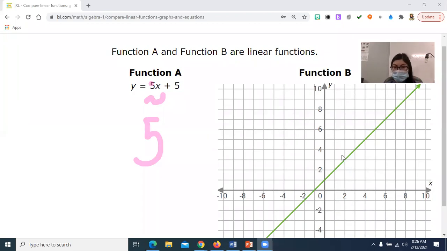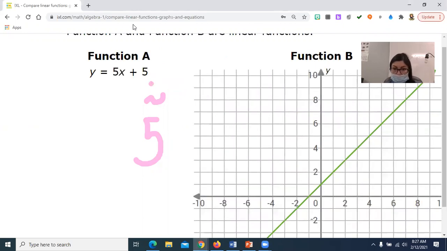Now this one's different. I can't just look. I have to pick 2 points, rise over run. So let's pick points. Well, that one goes perfectly through the middle right there, and so does this one, perfectly through the cross.